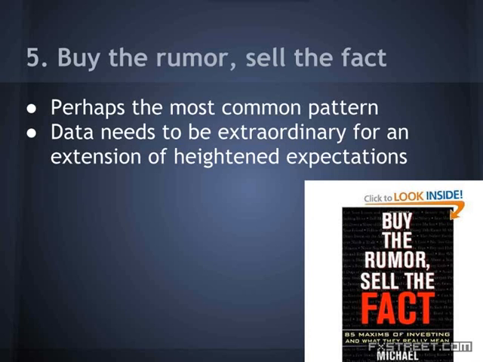But if you see the figures come in as expected, you might see the opposite reaction, even if it's a good figure. Or in the case of a weak figure, you can see currencies move higher.